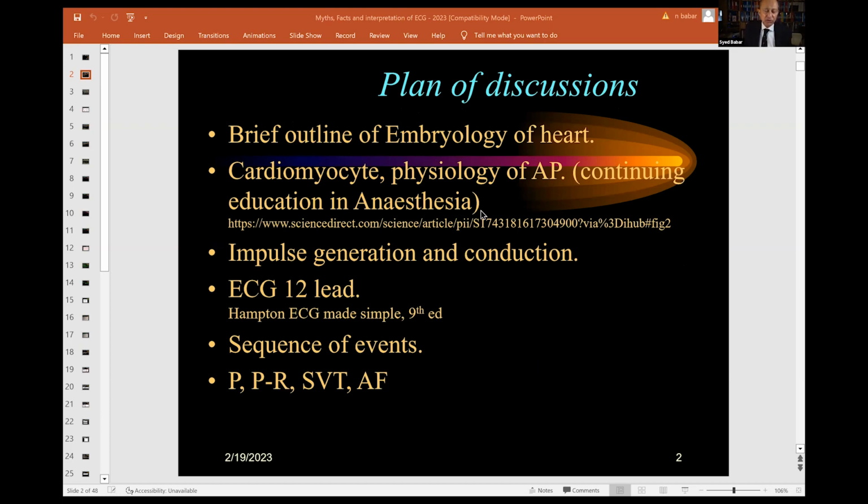It will then go on to explain how impulse generation and conduction affect the character of the 12-lead ECG. And then we'll describe the shape and implications of the P wave, PR interval, supraventricular tachycardia, and atrial fibrillation.